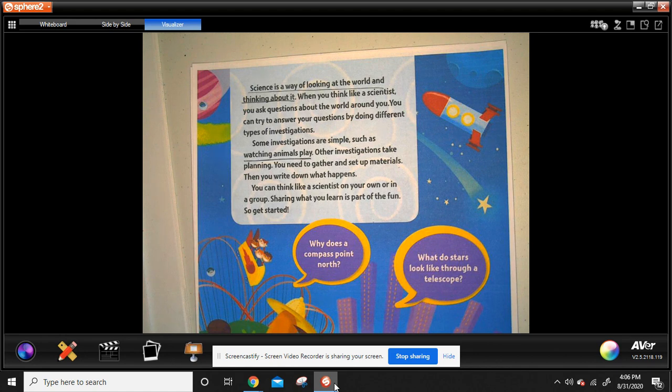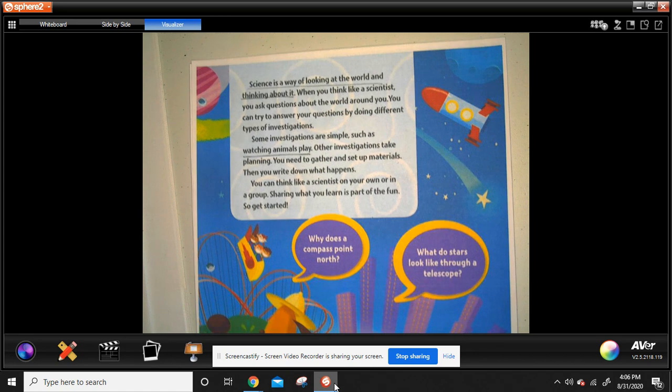So just keep in mind that a lot of the times being a scientist involves planning, okay, gathering materials if you want to do an experiment, writing down what happens, observing, thinking. It involves a lot of things, but it can also be very fun.